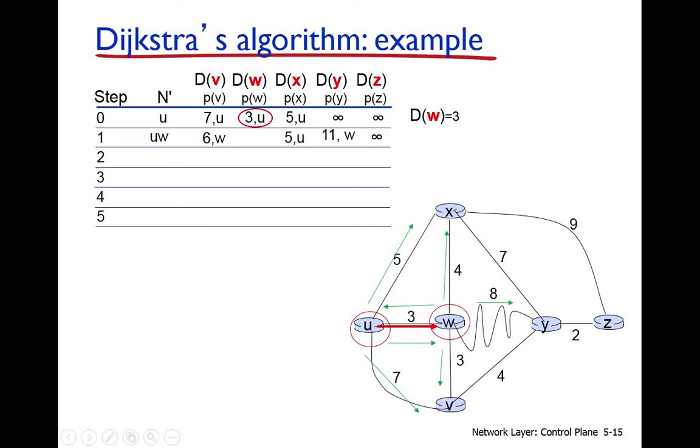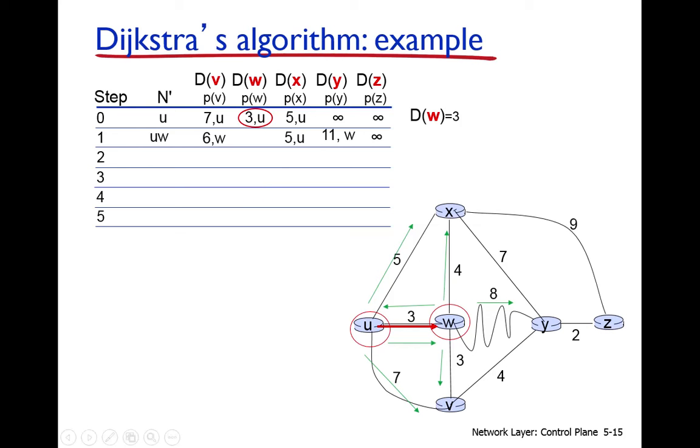And this value, the 3 for W, is not kept, because its shortest path is already computed. Its work is finished, so it will not be carried on in the next steps.